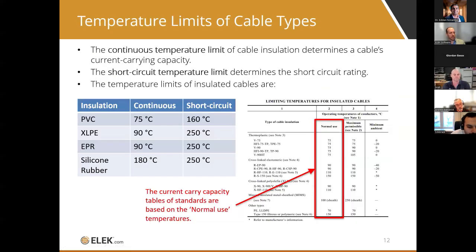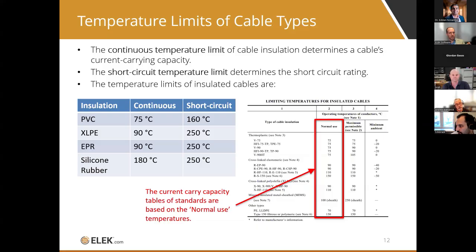There are temperature limits for these cables, and for low voltage cables and high voltage cables the same, it mostly depends on the insulation type. So the main insulation, whether that's PVC, XLPE, EPR, silicon, etc. There are usually two temperature limits.